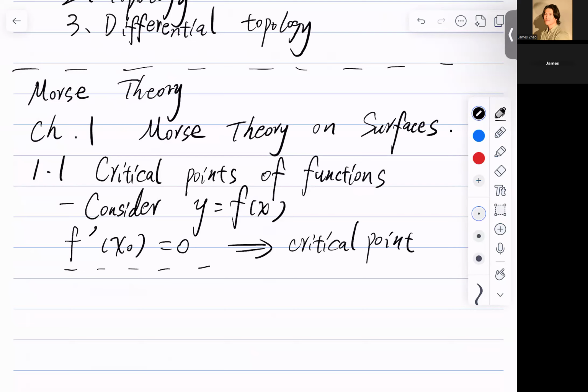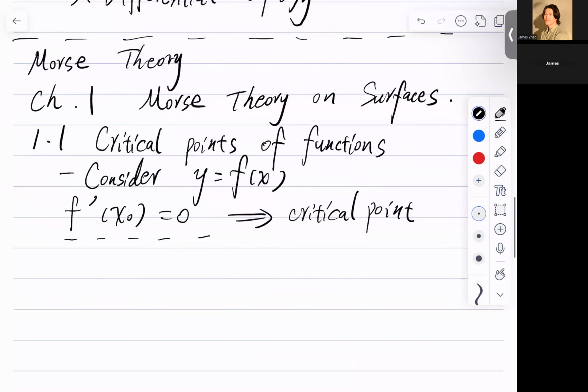This is the definition of what a critical point is in one dimension. How easy is that? So basically, you take the partial derivative. Well, right now we only have one dimension, so we just take the derivative of f with respect to x. And at this particular point, we find that the value equals 0, then it is a critical point.